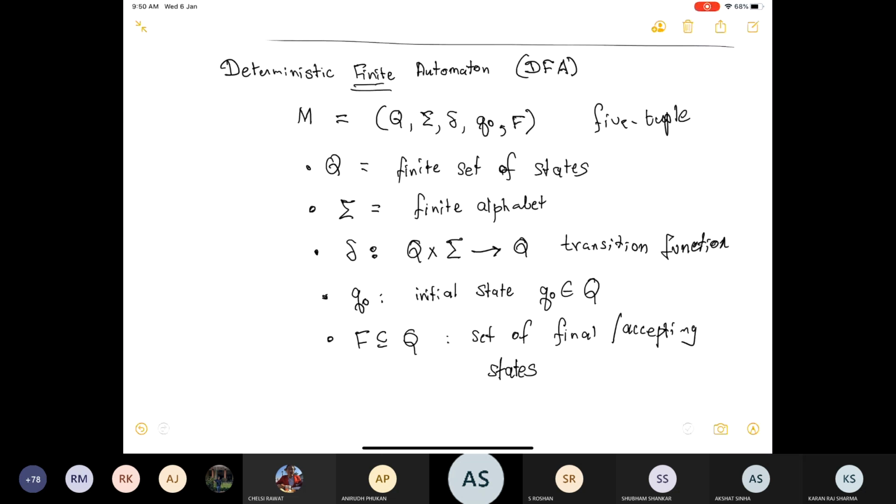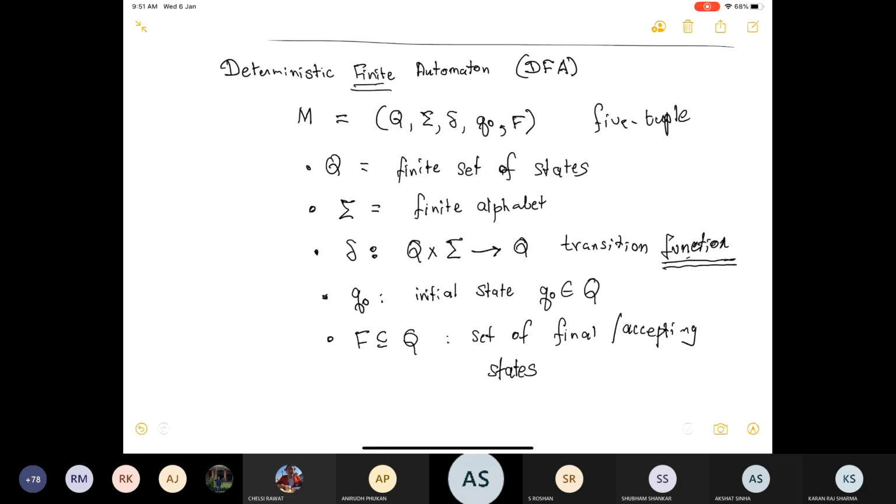And it's important to see that this delta is a function, which means, first of all, that it's a total function. When we say function, we mean a total function.